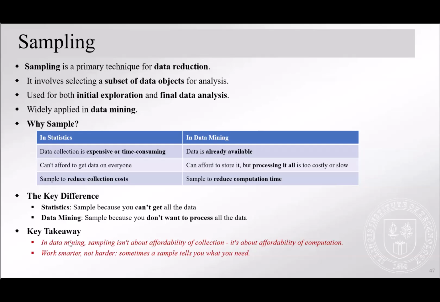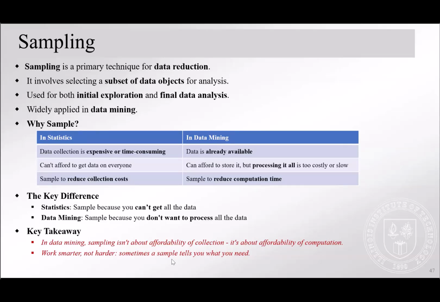Think about a quick example. You have 10 years of customer transactions, billions of tuples or rows. If you try to process every single row for a quick trend analysis, it might take hours or maybe days. But a well-chosen sample can give you, for example, 95% of the insight in 5% of the time.